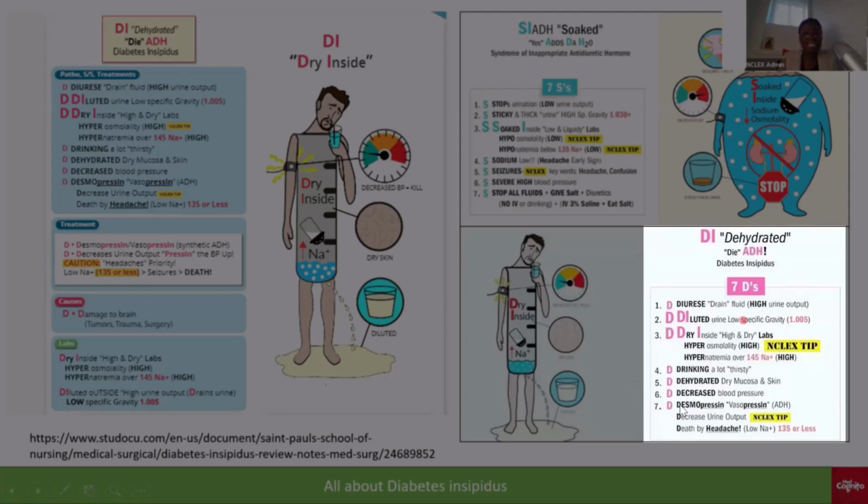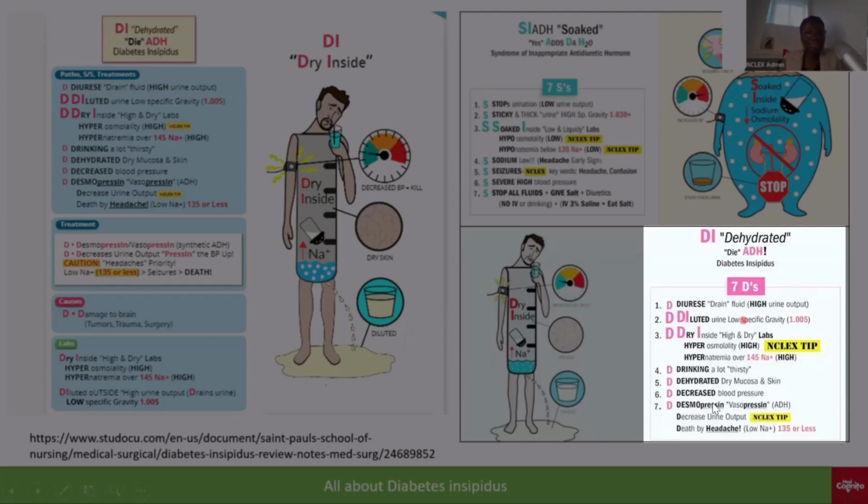And D number 7 is the drug that we give to control diabetes insipidus, and that is desmopressin, vasopressin. It is artificial ADH. You are not producing ADH, so we have to give it to you artificially.